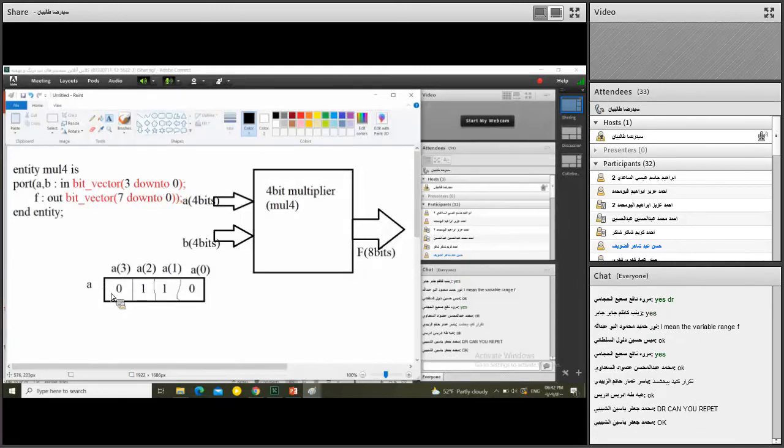It means that we have A3, A2, A1, and A0 bits. For example, in this example, A0 is 0, A1 is 1, A2 is 1, and A3 is 0. It is a 4-bit number. Here we can have every value for these 4 bits. Do you understand?